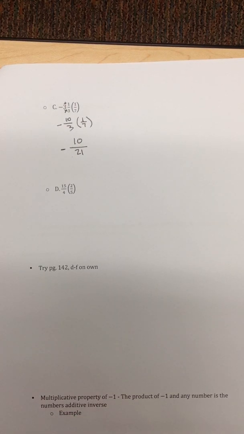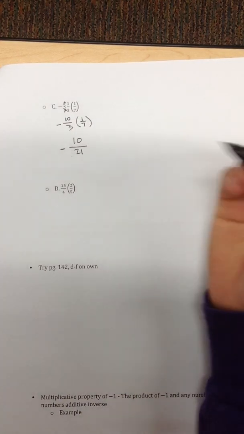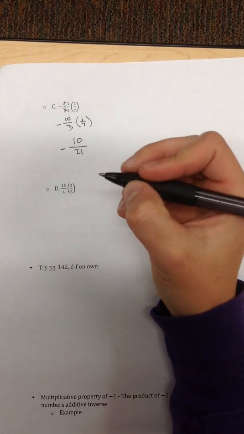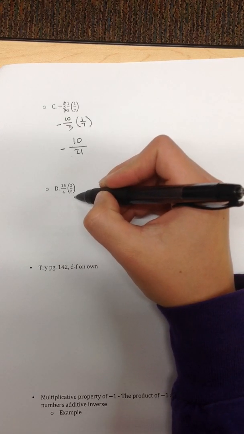Okay, next one here, I've got 15 over 4, so that would be an improper fraction where the bigger number is over the smaller number, times 2 over 5, or 2/5. So first thing I want to do is see if I can reduce at all. So here, 15 and 5, well those will actually reduce because I could take 15 and divide it by 5, and I can take 5 and divide it by 5.